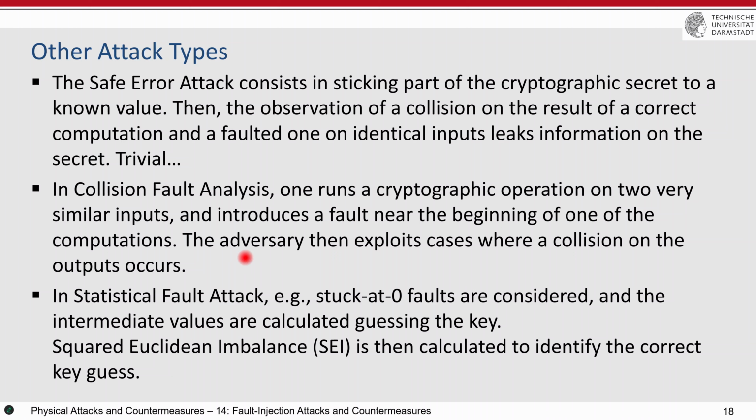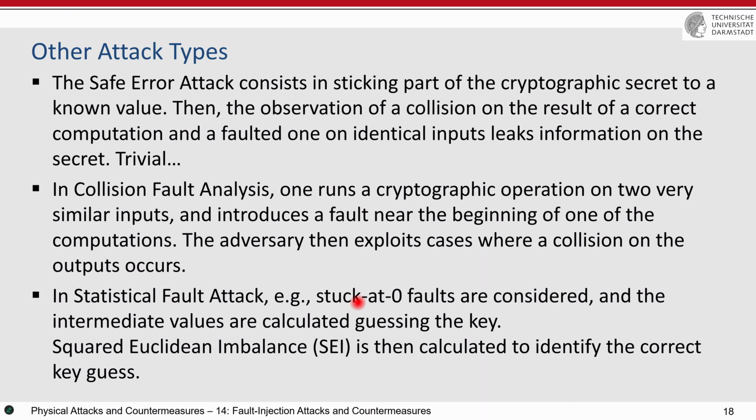We can also consider entropy. But what the attack does, it considers stuck at zero, for example, in the middle of the cipher, somewhere close to the last round, and then it looks at the faulty values, and it doesn't need the fault-free values. It doesn't need to compare the faulty values with the fault-free values.